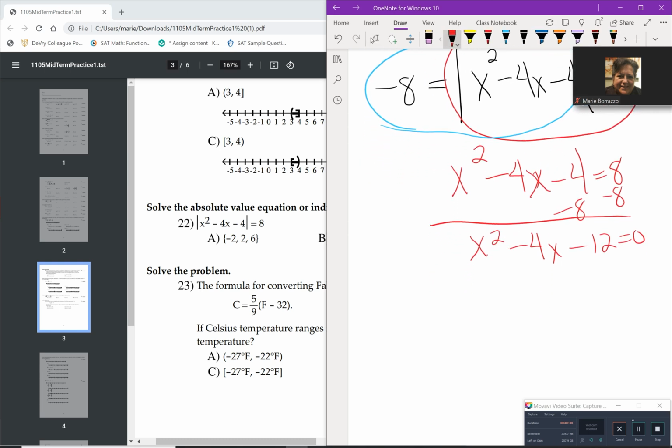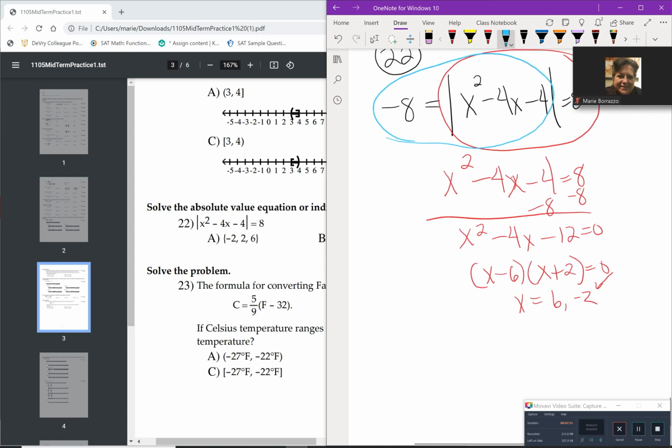And looking at the factors, I'm thinking if I use x minus 6 times x plus 2, that'll work. So that means that my two solutions are x equals 6 or negative 2.